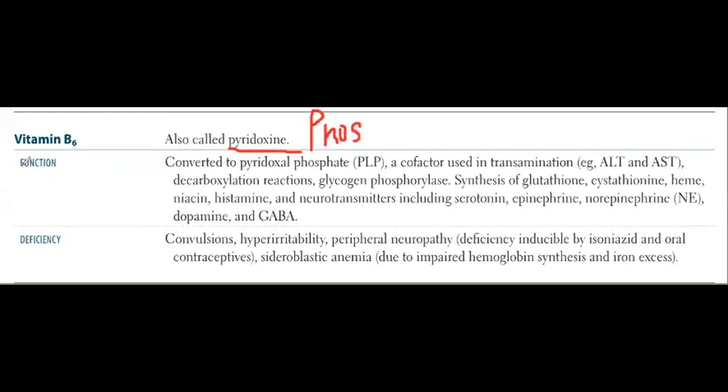So what is its function? It is converted to pyridoxal phosphate, which we call PLP. Pyridoxal phosphate is a cofactor used in transamination, for example ALT and AST. It is very important to know that ALT and AST are liver enzymes.